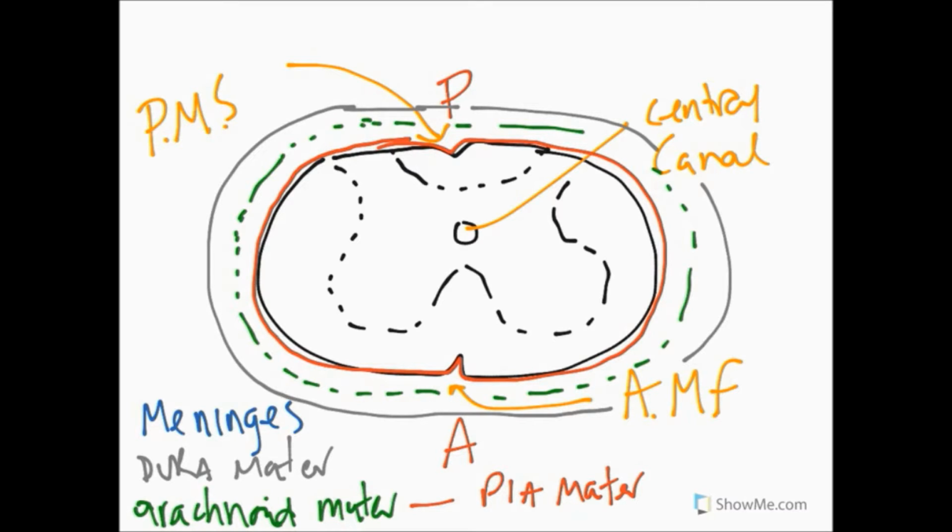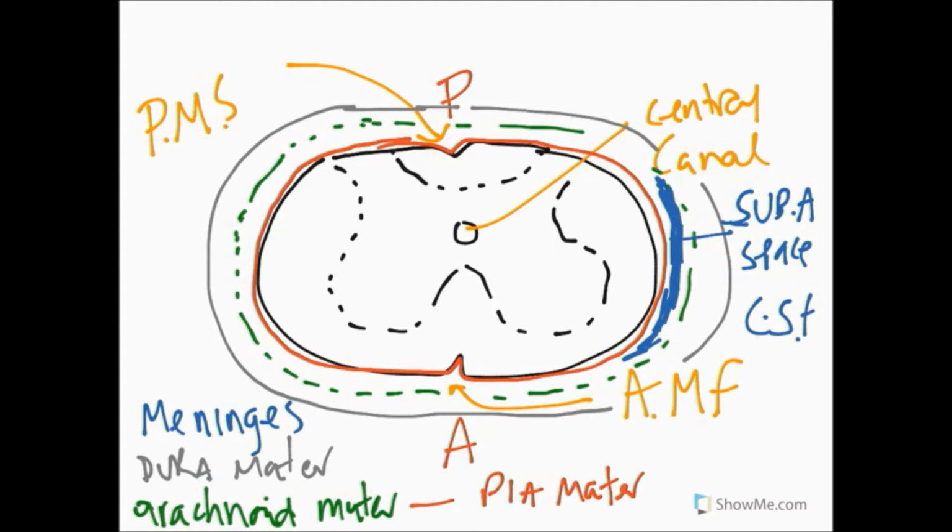The important thing to remember is that the subarachnoid space exists between the arachnoid mater, that's the green layer here, and the pia mater, which is the red. So if we draw that in blue, it's going to occupy this space in here. So where I'm filling in this space is where we would have the subarachnoid space, which we'll abbreviate as sub-A space. And inside the sub-A space, we would expect to find CSF, which is cerebral spinal fluid.